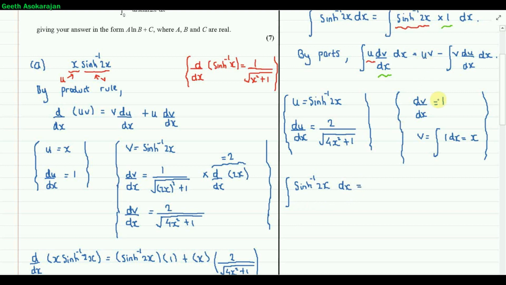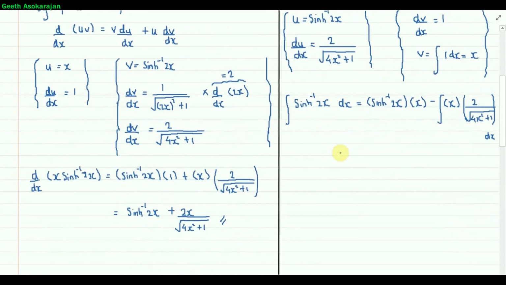That is equal to uv: u is the inverse hyperbolic sine 2x multiplied by v, being x, minus the integral of v, which is x, multiplied by du over dx, which is 2 over the square root of 4x squared plus 1, dx.